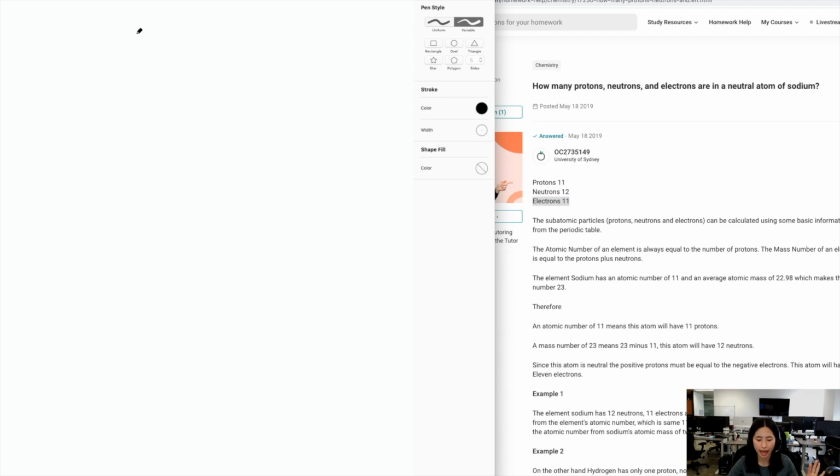So just as a recap, if you were part of my grade 11 chemistry class earlier this morning, I talked about the elemental symbol, which shows atomic number and atomic mass.